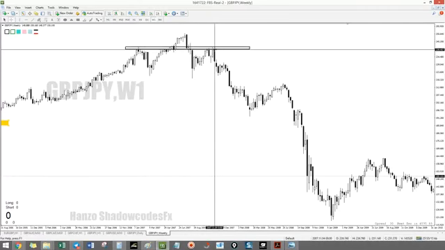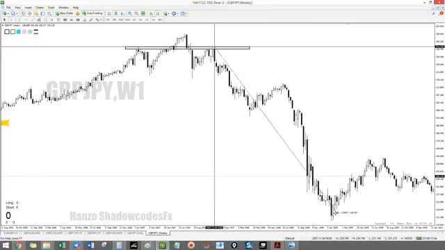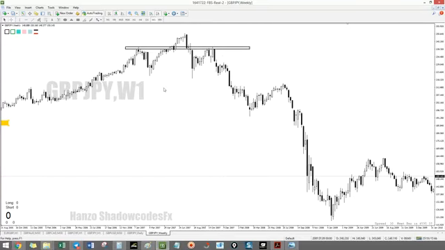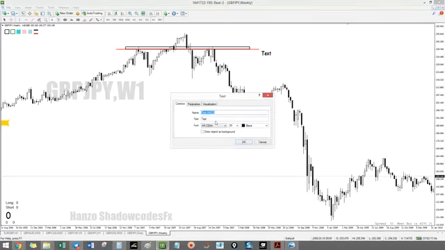Over here you lost about 5 pips, and then you gained back about 10,000 pips. Over here, ST1 low, lost 5 pips.